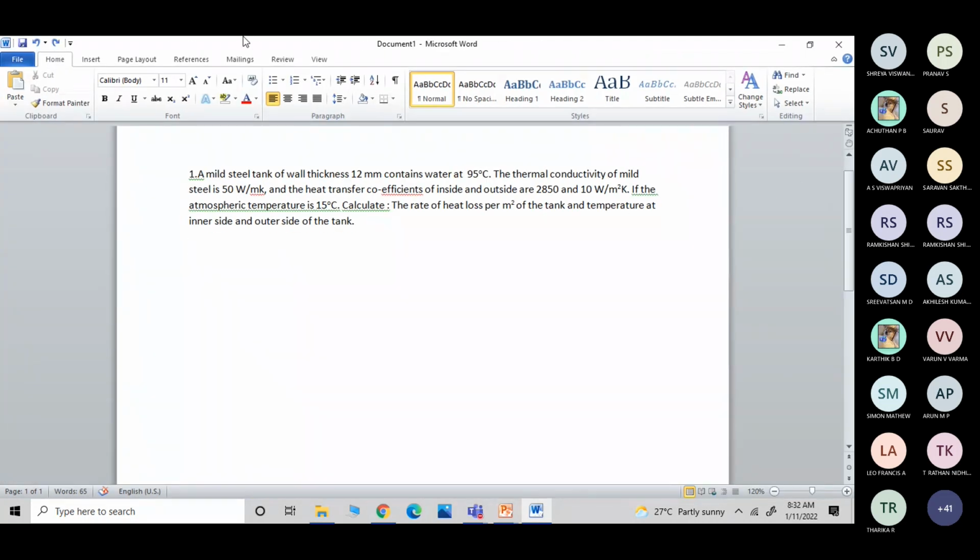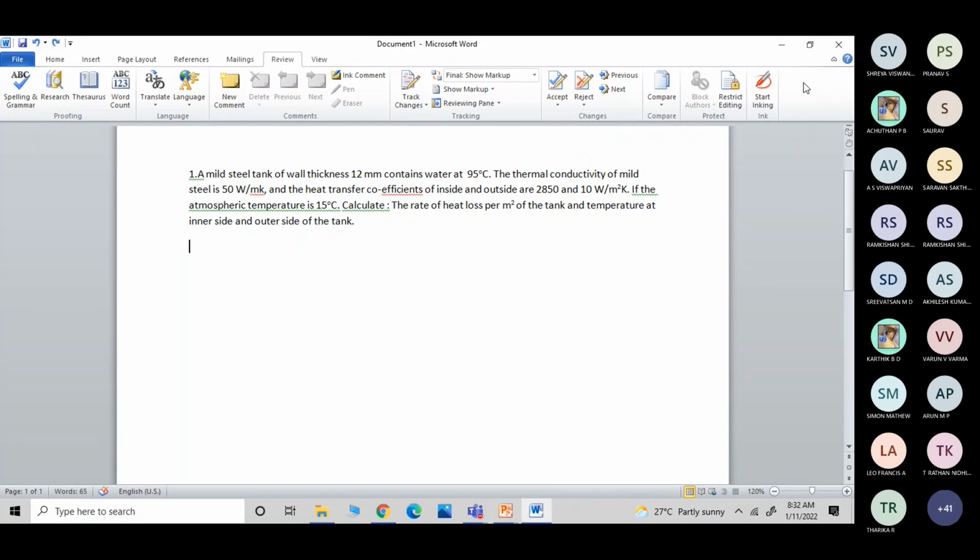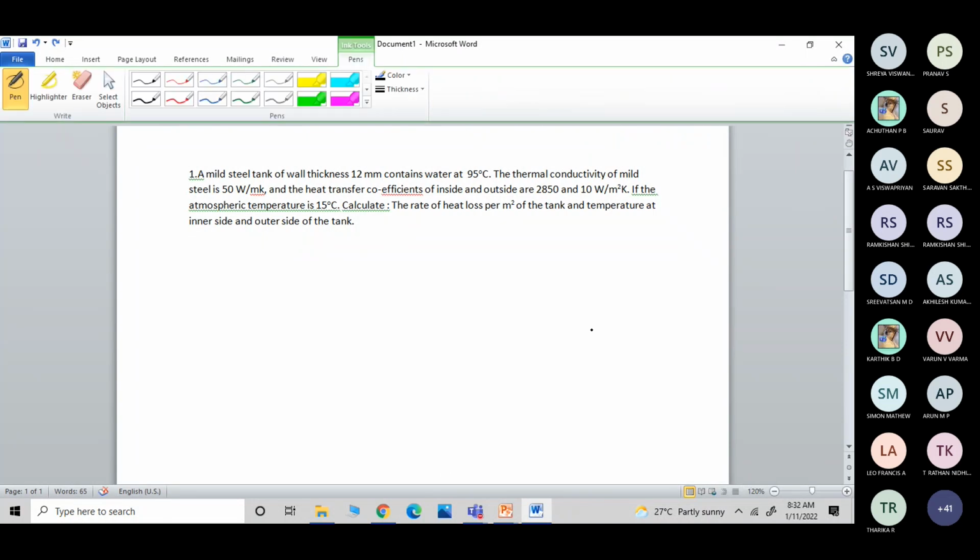Is it visible? Yes, sir. Now it was mentioned here a mild steel tank, and it has a thickness.